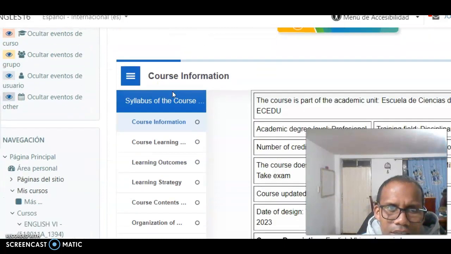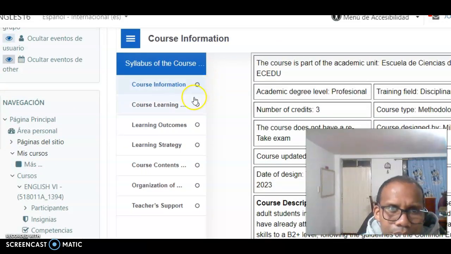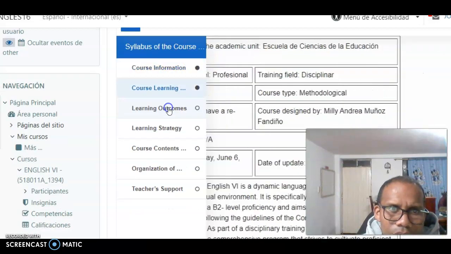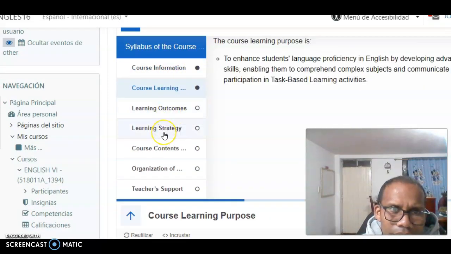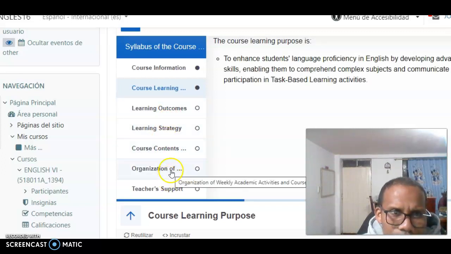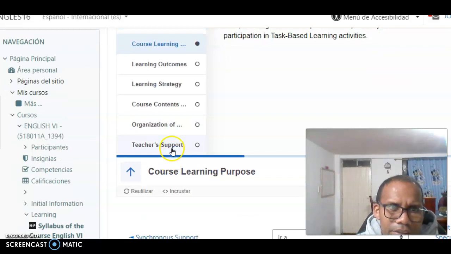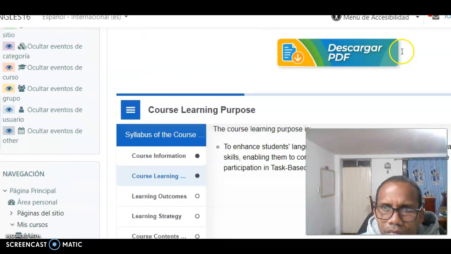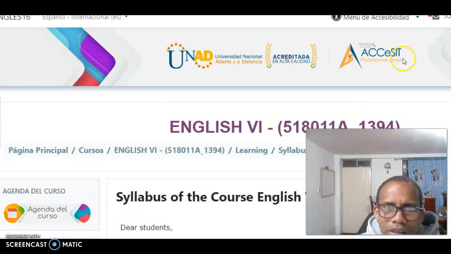This is the syllabus: course information, course learning strategy, course content, organization, and teachers support. This is the course syllabus.